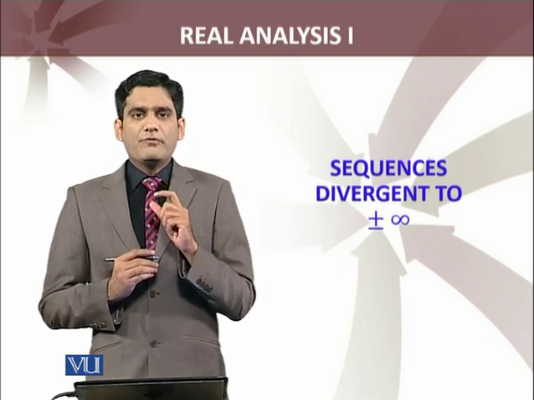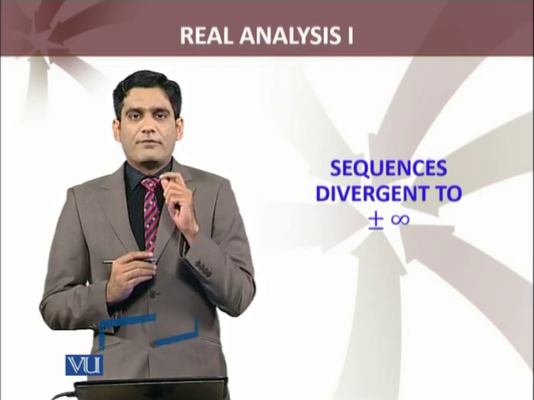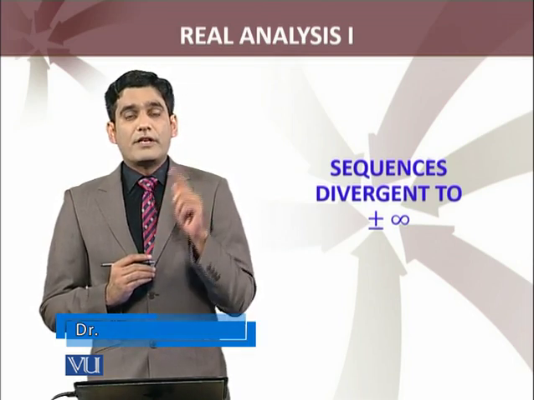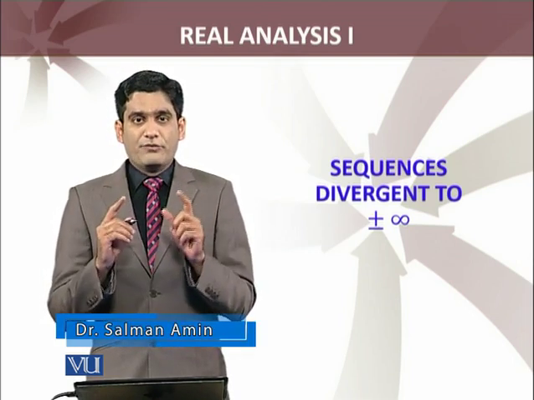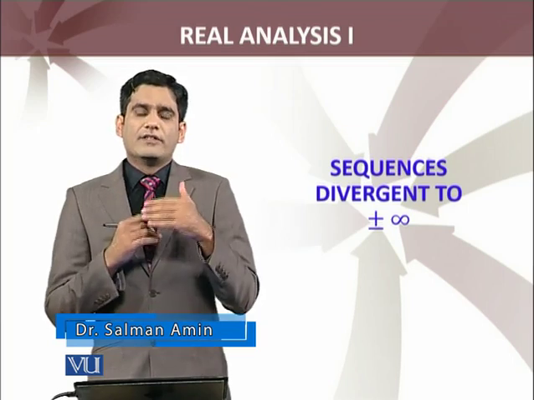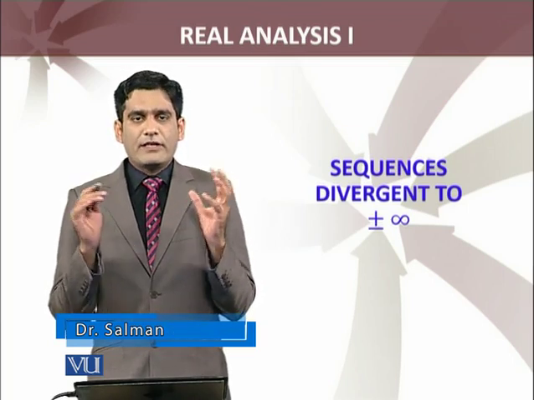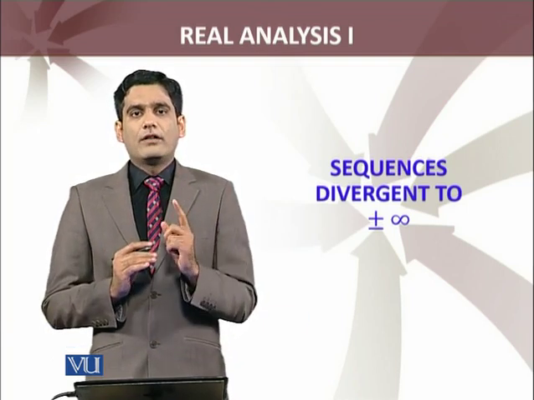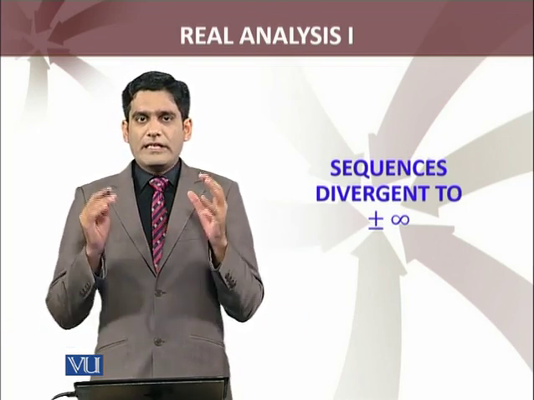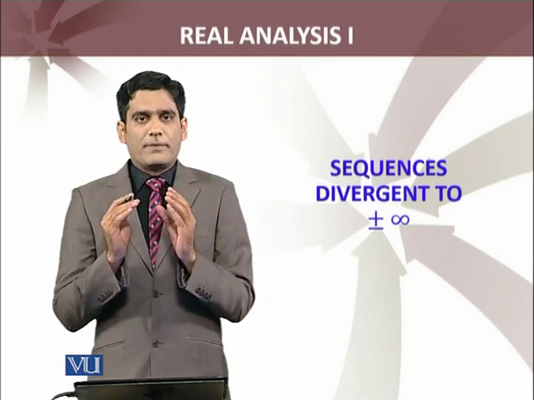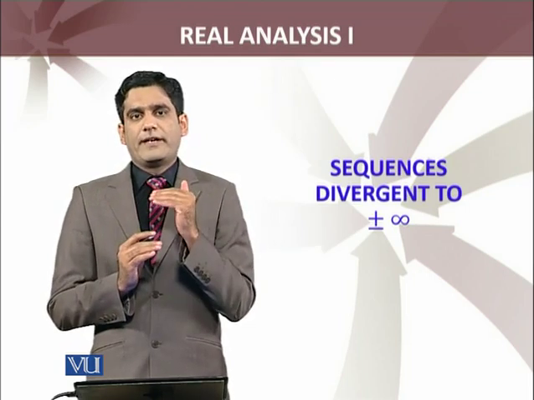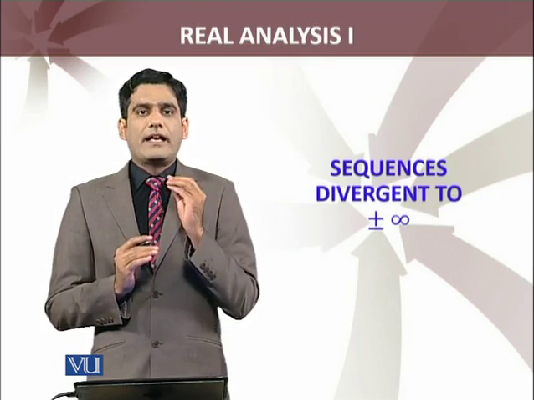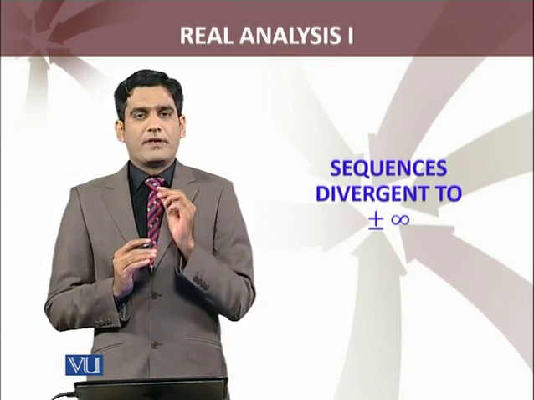So today we are going to discuss the divergent sequences which diverge to plus infinity and minus infinity. These two particular numbers I have included in the set of real numbers, and if you remember, I call the set of real numbers including these two numbers, plus infinity and minus infinity, the extended real number system.